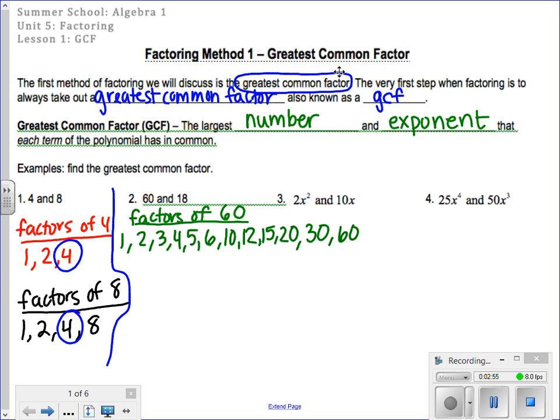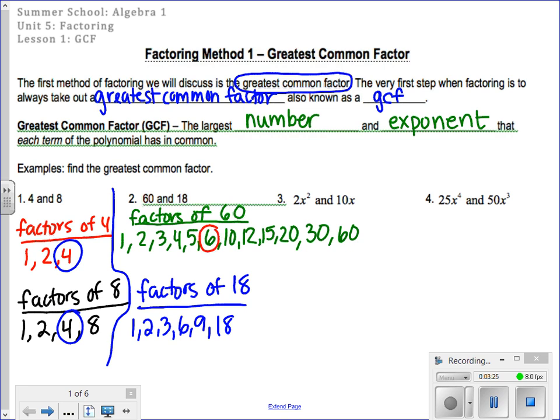When we do the factors of 18, the list will be a little shorter. So factors of 18 would be 1, 2, 3, 6, 9, and 18. Okay, well, let's see. Which of those is the largest factor that goes into both? It seems that 6 is the greatest common factor between 60 and 18.